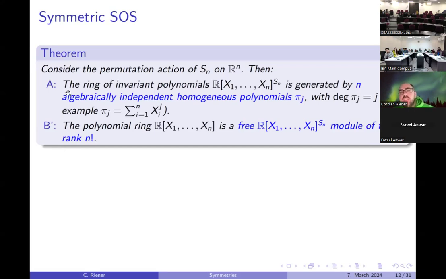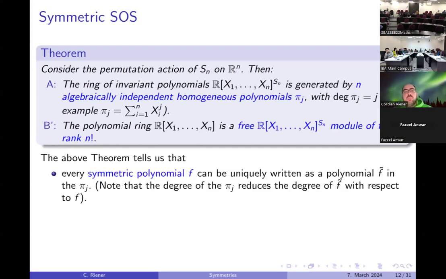So A is a direct consequence, similar to condition A previously, and B is morally exactly the same statement. Again, the above theorem tells us that every symmetric polynomial in x1 to xn can be uniquely written as a polynomial f twiddle in the variables pi 1 to pi n.